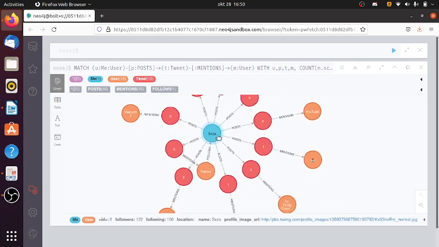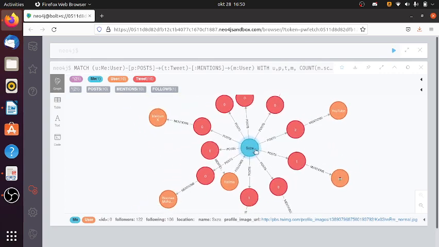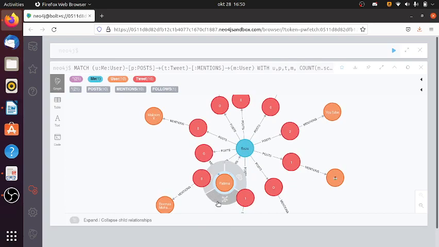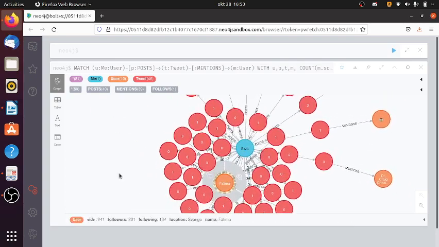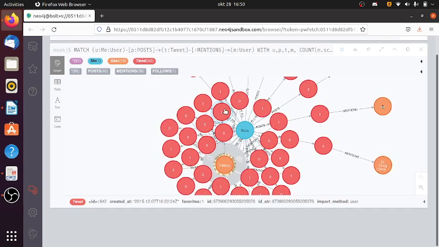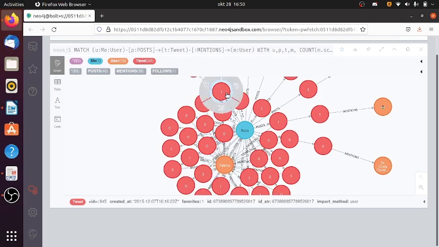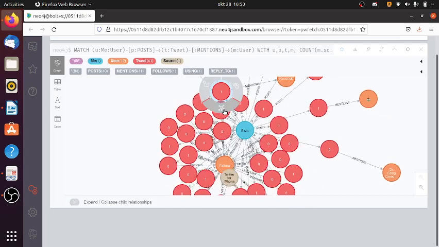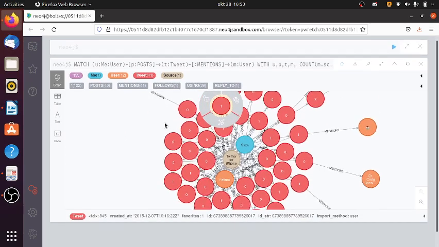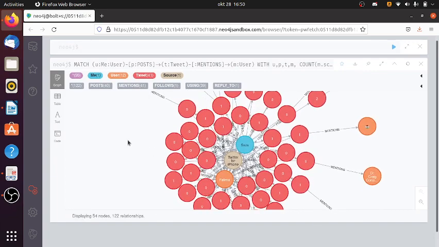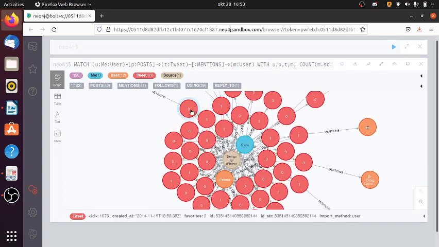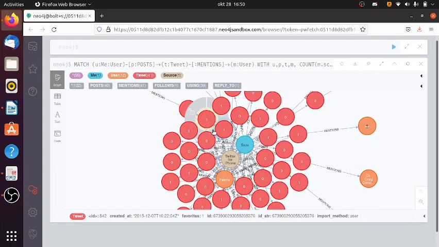For example, if we click on this user, we can see how many times they have mentioned you specifically. Then if we pick number 1, we see the source and the mentions, the source is via Twitter iPhone.